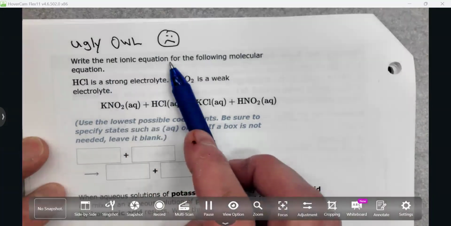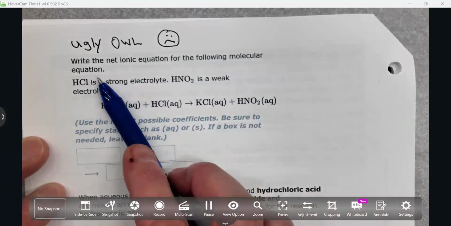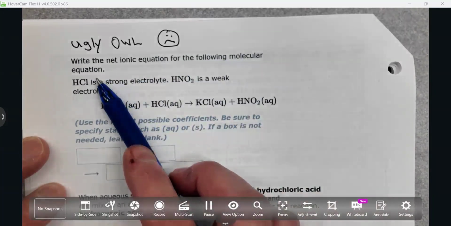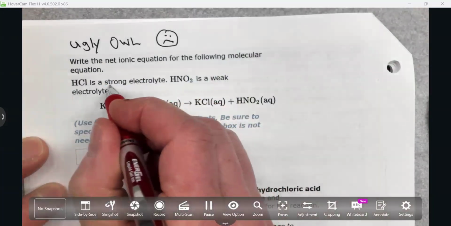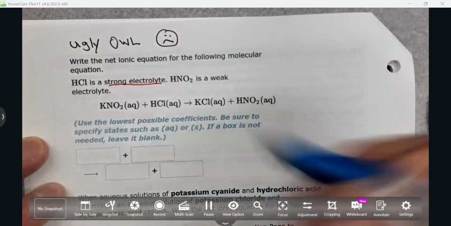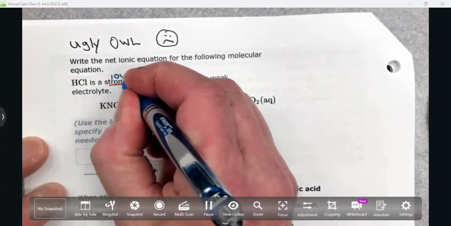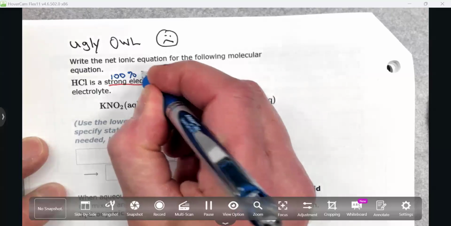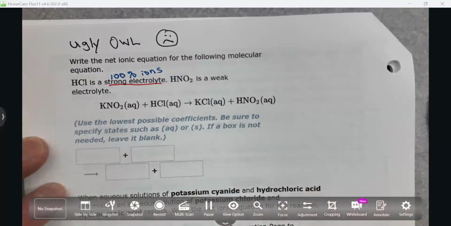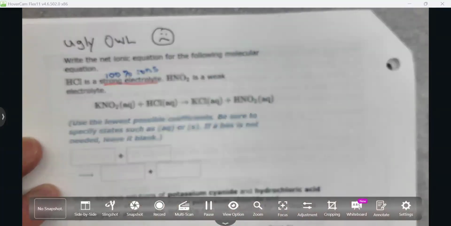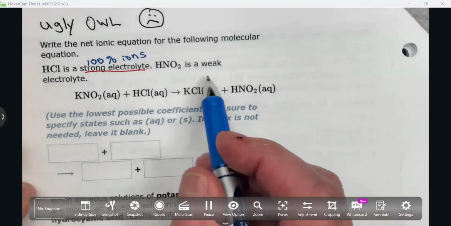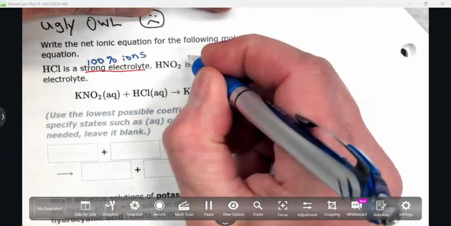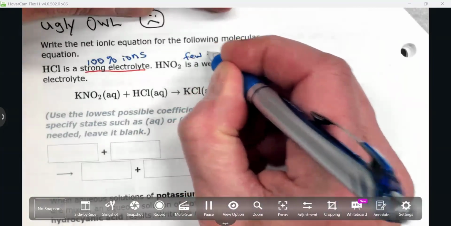Write the net ionic equation for the following molecular equation. Then it says HCl is a strong electrolyte. What does that mean? 100% ions. HNO2 is a weak electrolyte. You're going to get few ions.